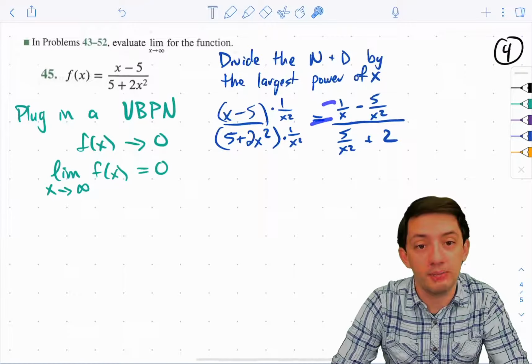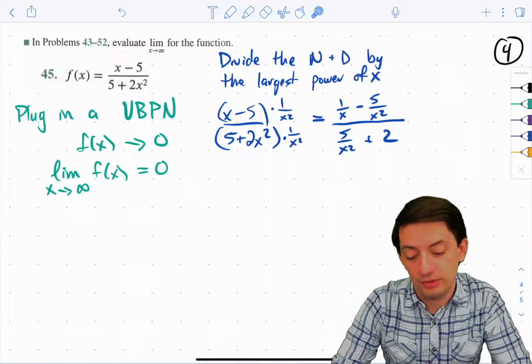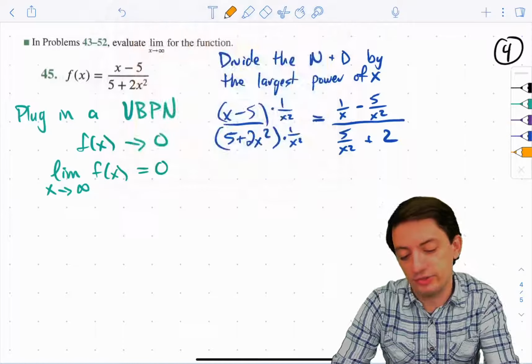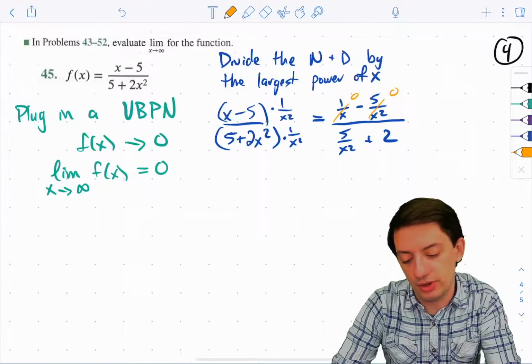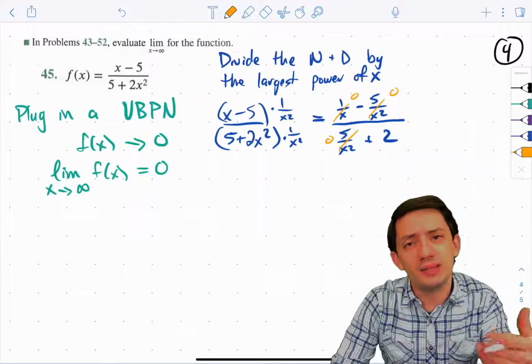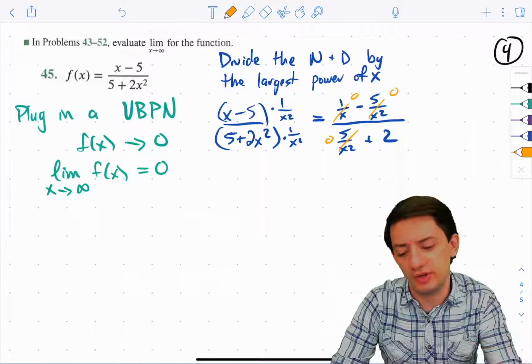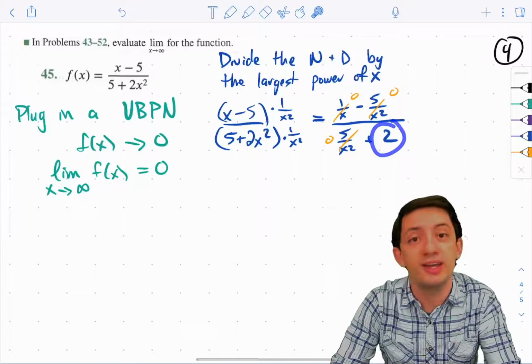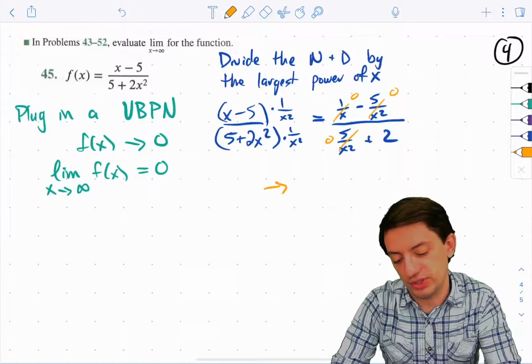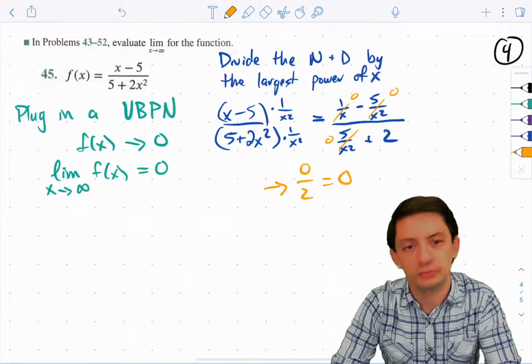That's 1 over a bigger and bigger number. 5 over x squared goes to 0 even faster. So it doesn't matter that this is a minus sign because you're minusing 0. So as x goes to infinity, this goes to 0, this goes to 0, this goes to 0, and of course 2 just stays 2. By dividing by the biggest power of x, you're certain that you've got a constant somewhere, the 2, and everything else goes to 0. So that's just going to go to 0 over 2, which is 0.